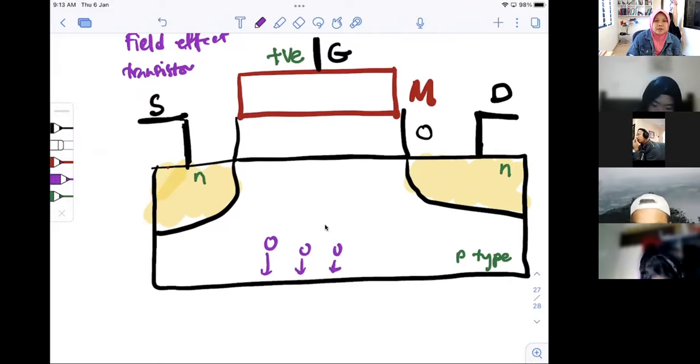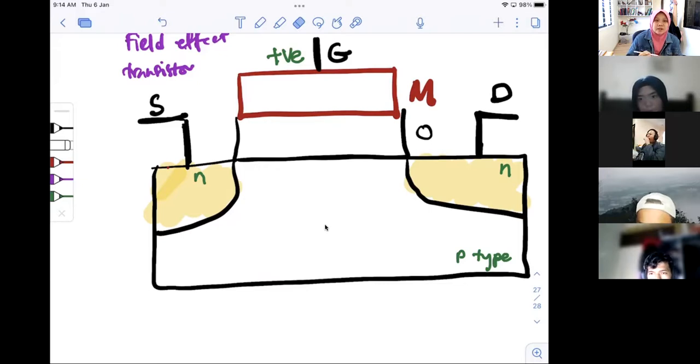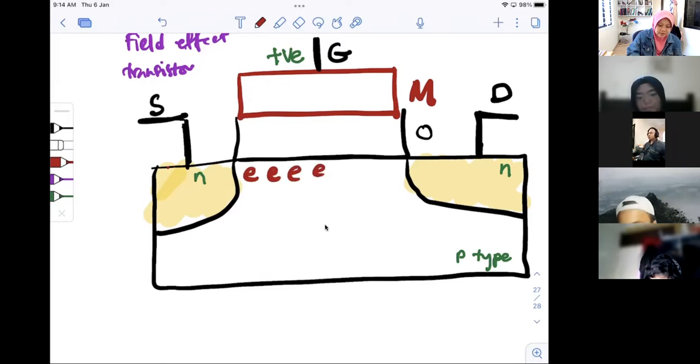Most of the time we don't draw these holes, because they are not important to the physics of the MOSFET. We just draw the minority carriers, because the minority carriers are the ones that later give rise to the current inside the MOSFET. So let's draw just the electrons. The electrons will be attracted to the surface between the insulator and the semiconductor. Okay, so now this happens.